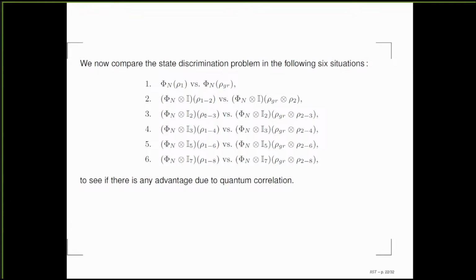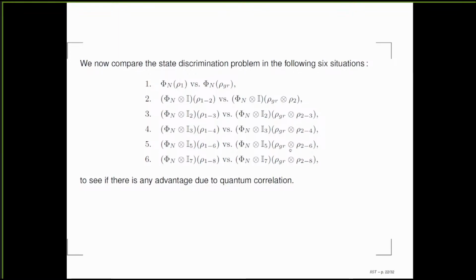Then for 3 modes, the channel acts only on the first mode, compared with rho ground which is returned, and the sender retains rho 2, 3 on his side, and the distinguishability between these two, and so on. We can now take phi n tensor I on rho 1, 4 with phi n tensor I on rho ground tensor rho 2, 4, with modes retained together, and so on.